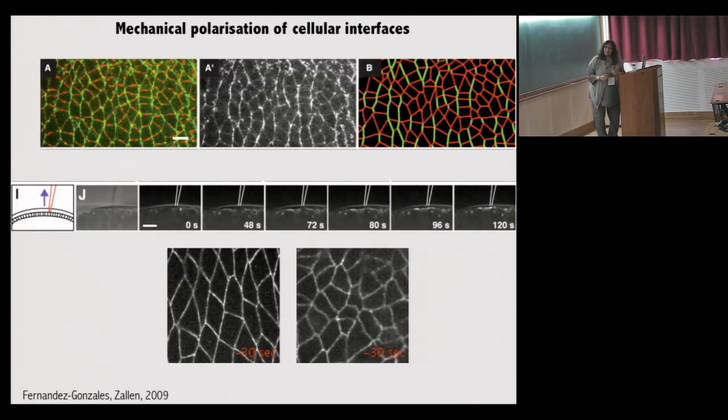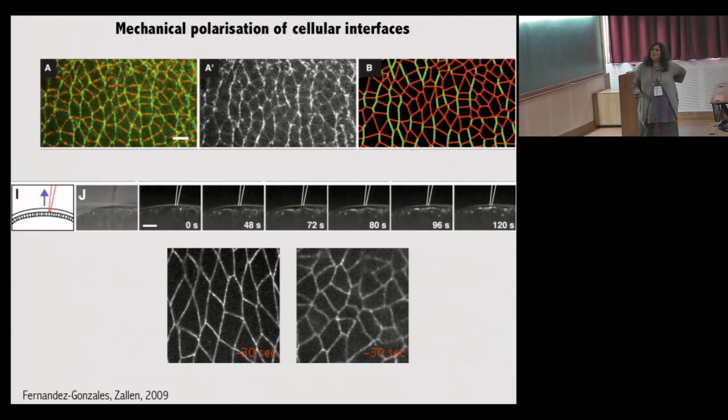So I also just want to say that these interfaces that are oriented along the dorsoventral or AP axes are mechanically polarized. What do I mean by that?